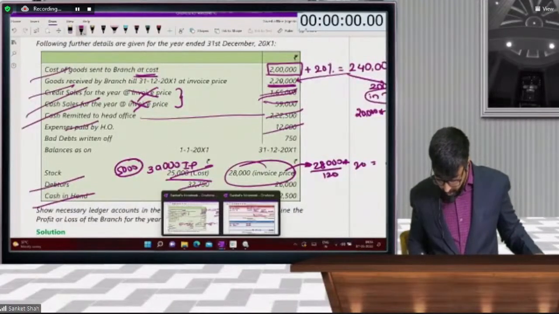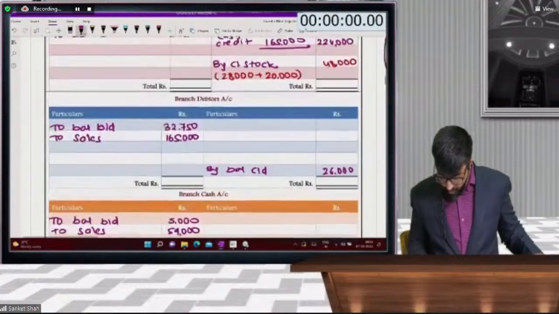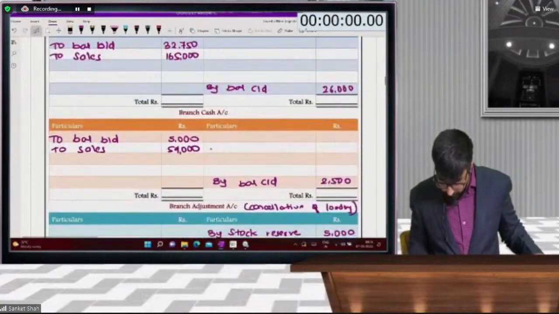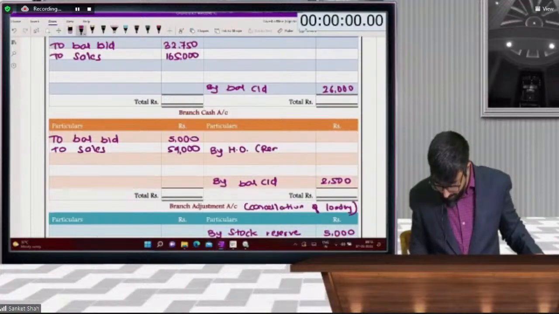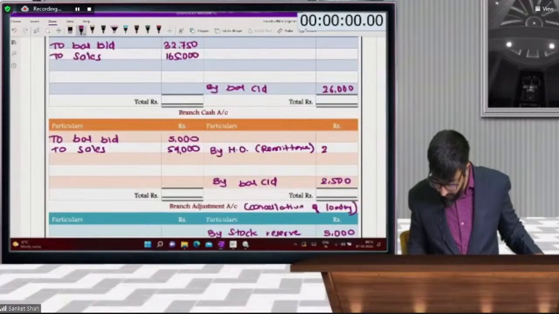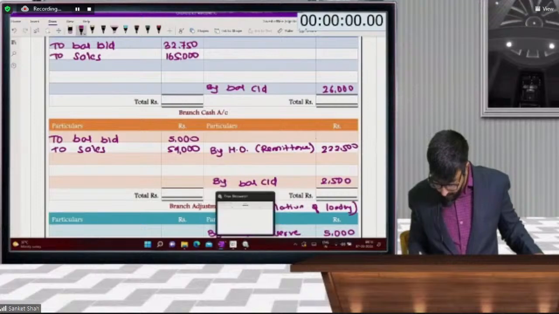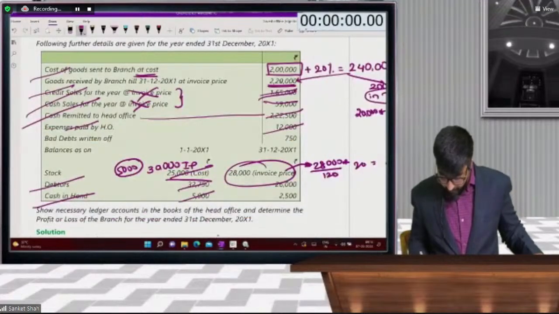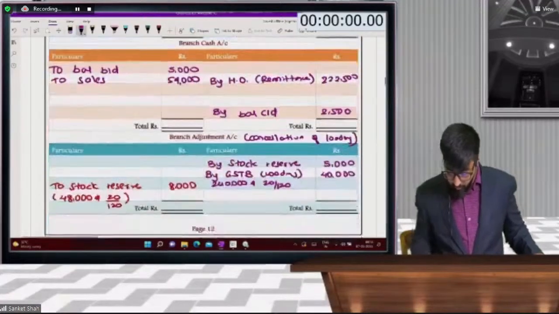Cash remitted to HO. So HO to cash by HO. Remittance 2,22,500. Expenses paid by HO.